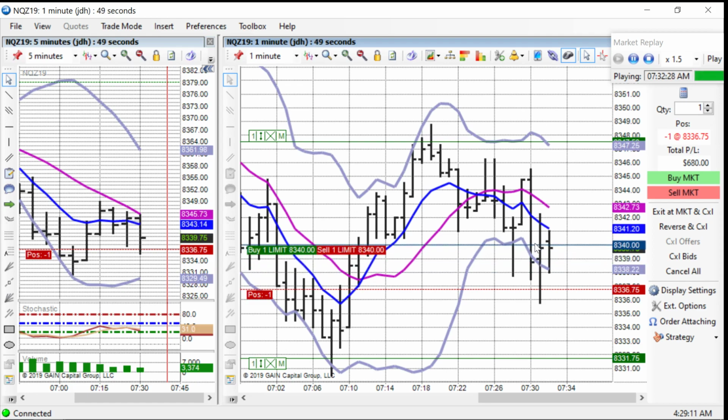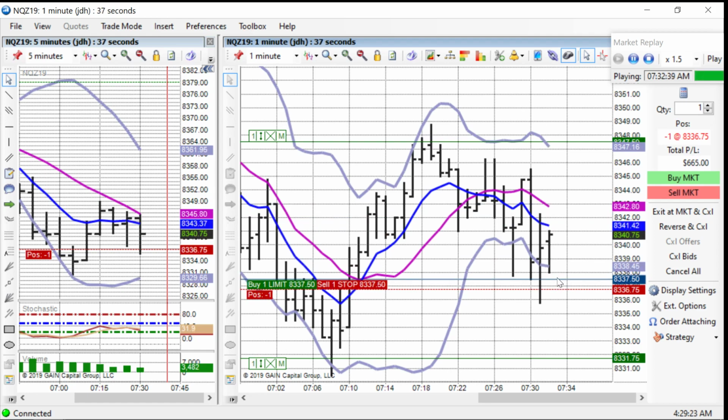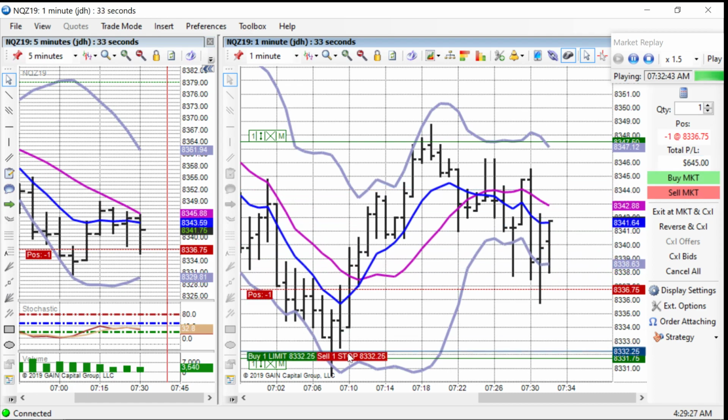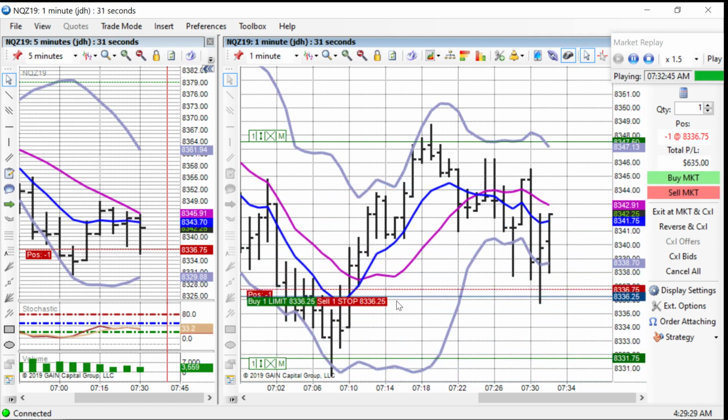In fact, it's going to move some distance upward to make a number 3 point here. So you see how you watch all your profits go away if you make a mistake like that.